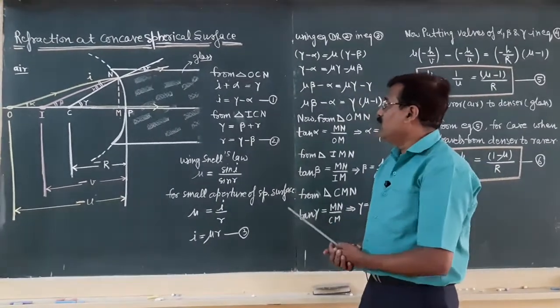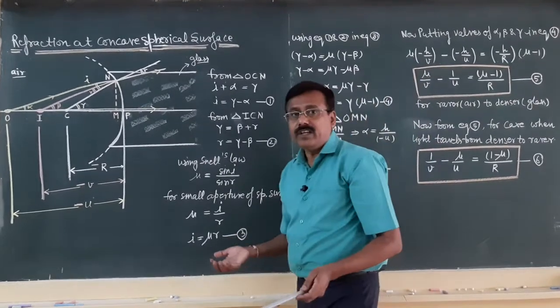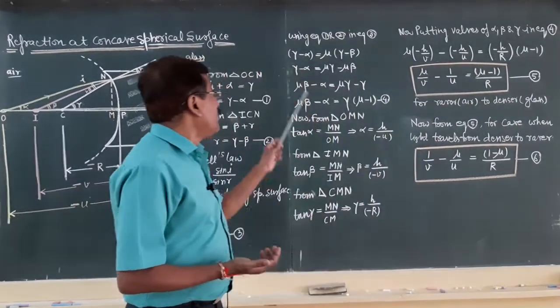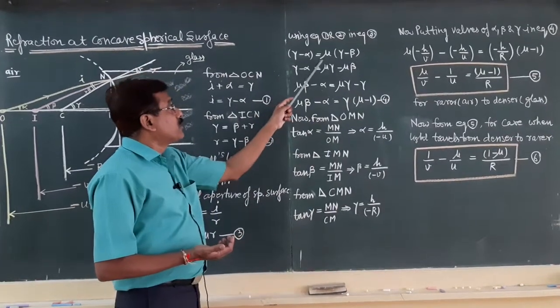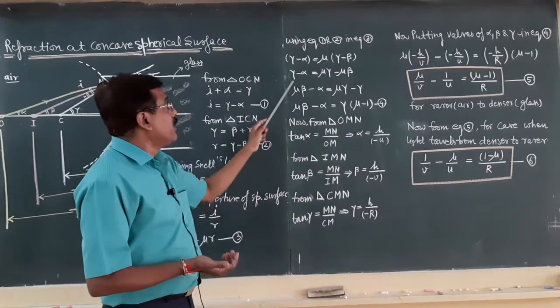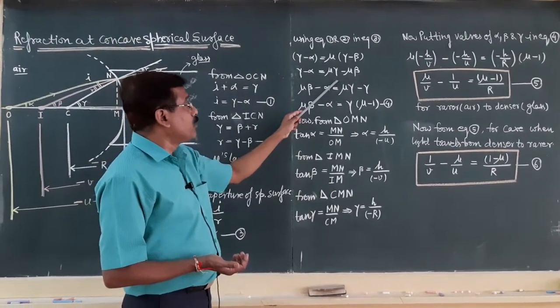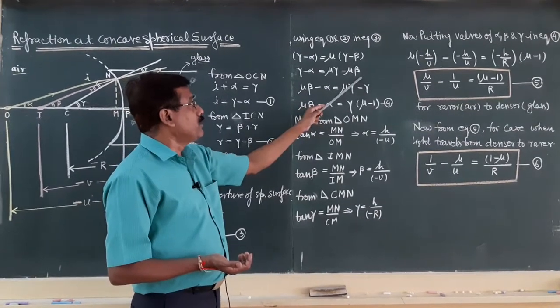Now, what we will do, we will put the value of i and r in equation number 3. So, we have gamma minus alpha is equal to mu into (gamma minus beta). If you simplify, gamma minus alpha is equal to gamma mu minus mu beta.